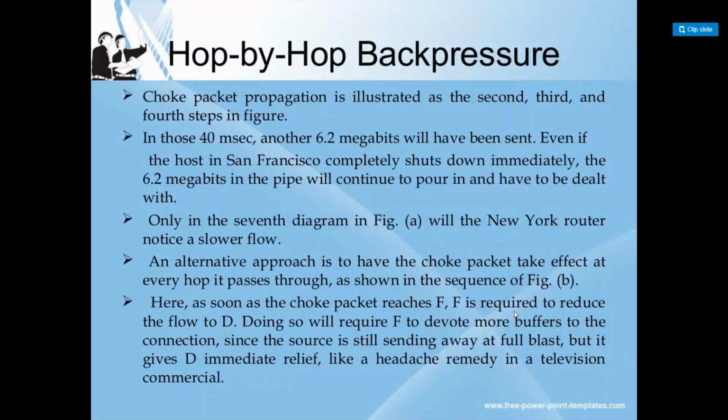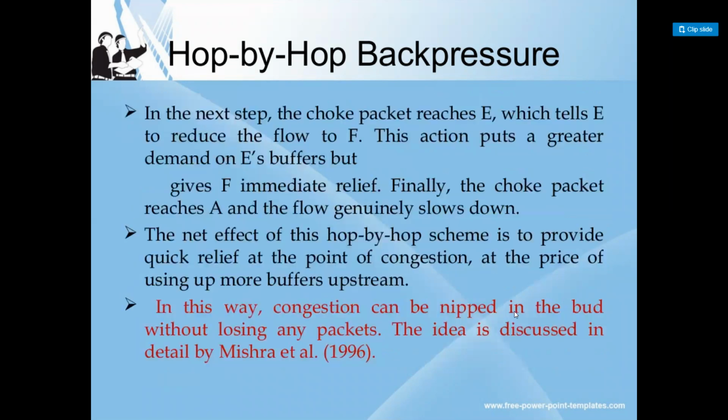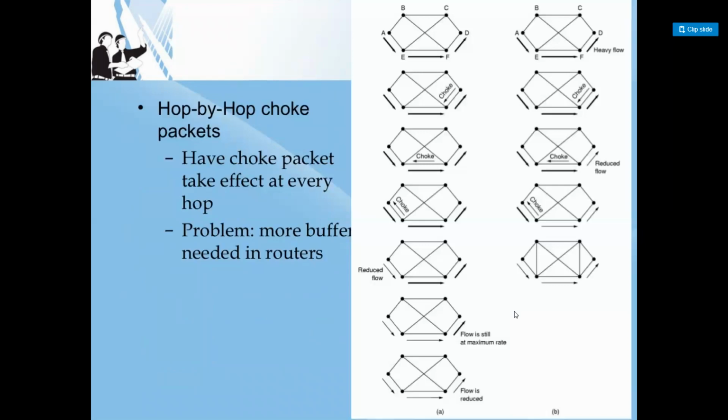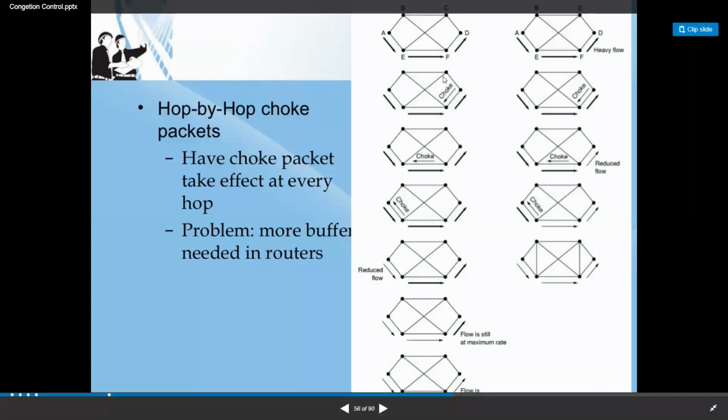That is slower transmission. An alternative approach is to have the choke packet take effect at every hop it passes through, shown in the sequence of figure B. These are two figures, right? It is the first figure and it is the second figure.